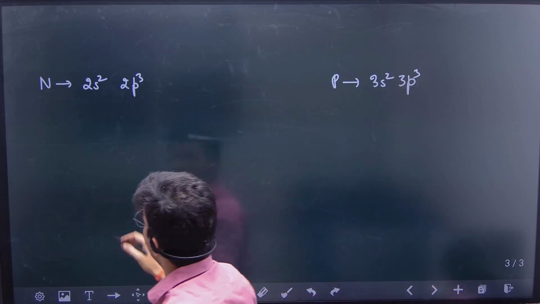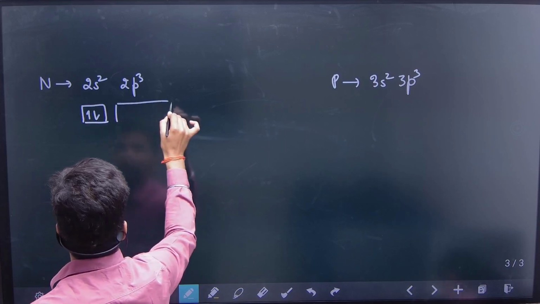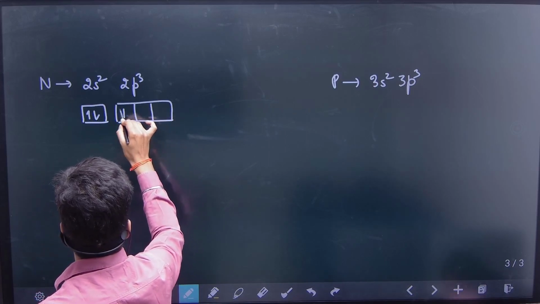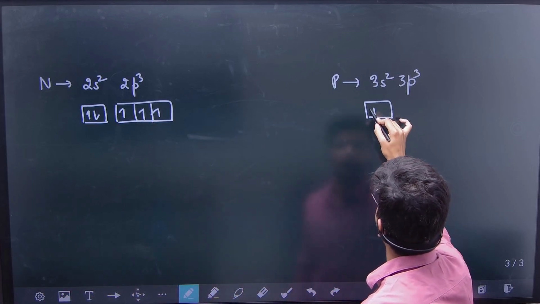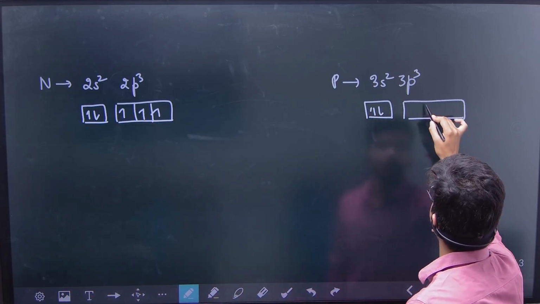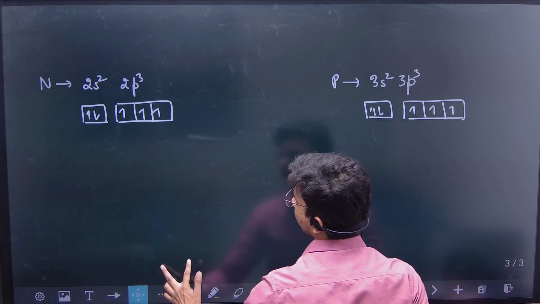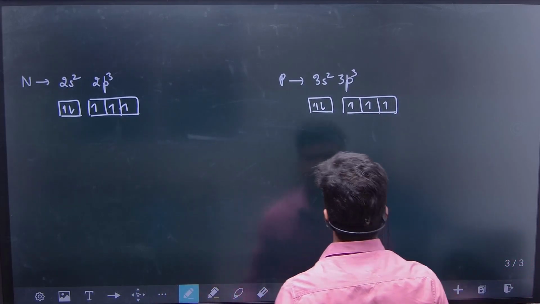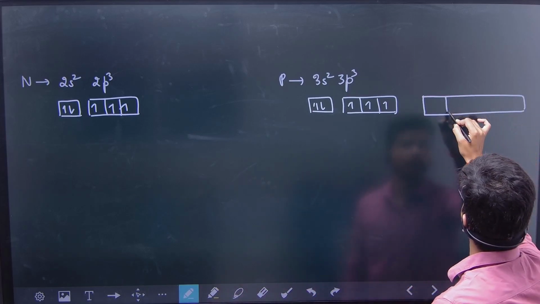So in nitrogen we can draw like this, 2s2 2p3, and in phosphorus also we can draw 3s2 3p3, and there is also something called 3d in phosphorus only because it is from the third period.